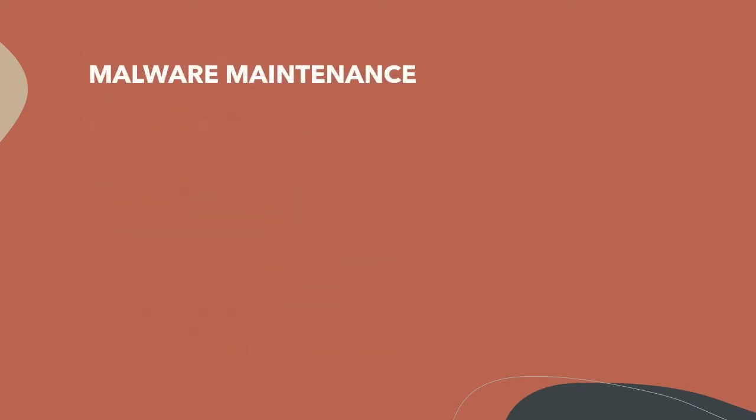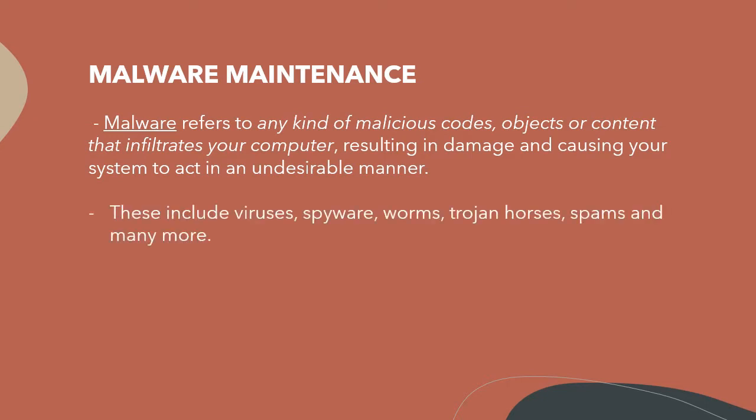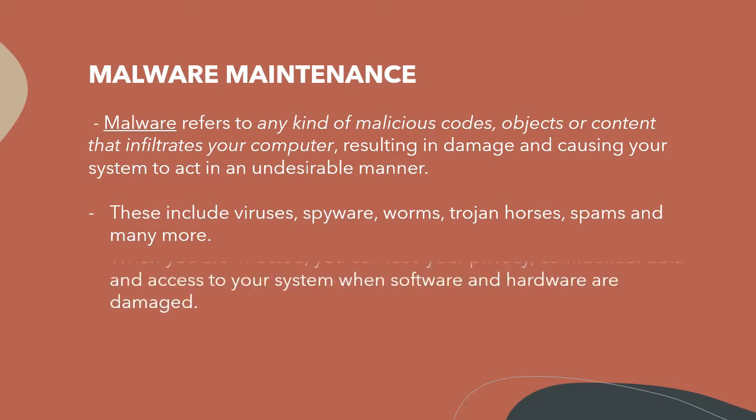Next, we have the malware maintenance. As a sort of review, when you say malware, it refers to any kind of malicious codes, objects, or content that infiltrates your computer, resulting in damage and causing your system to act in an undesirable manner. So these include viruses, spyware, worms, Trojan horses, spams, and many more.